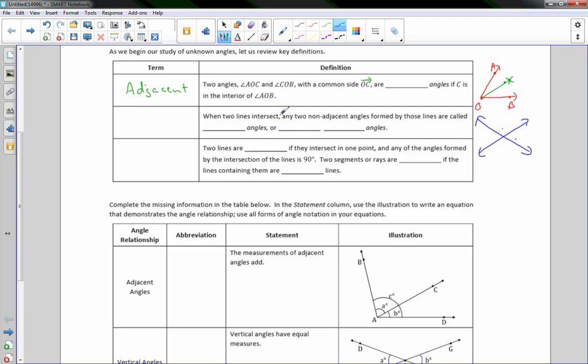A non-adjacent angle for this would be over here, because this angle's adjacent and this one's adjacent. So non-adjacent are opposite each other, and those are called vertical angles. And then it says or, vertically opposite.